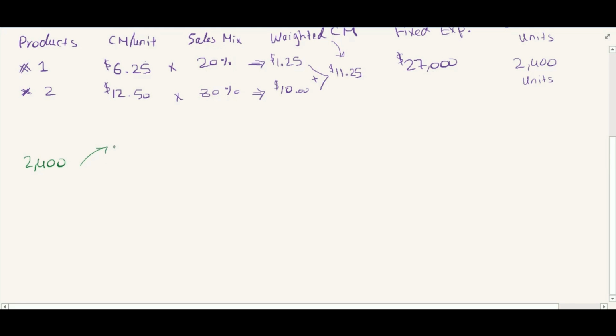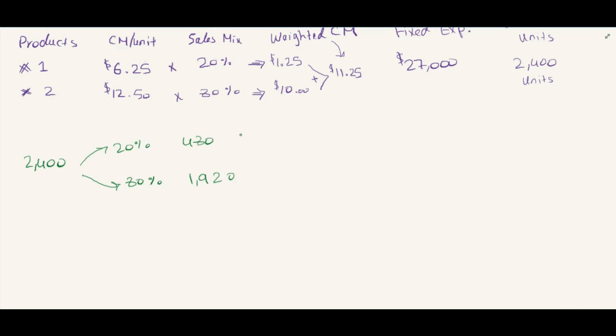So 2,400 multiplied by 20% will give you 480 units, and if you multiply it by 80%, that will give us 1,920. Okay, so we need to sell 480 units from product number 1 and 1,920 units from product number 2 to break even.